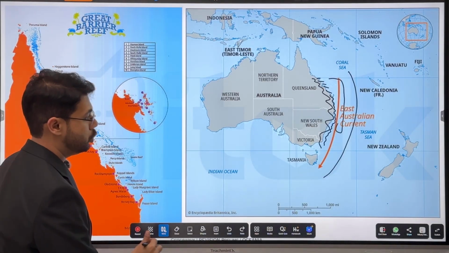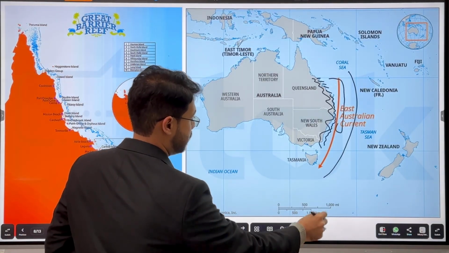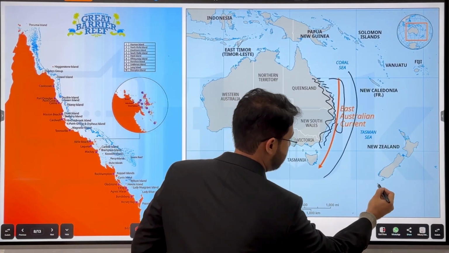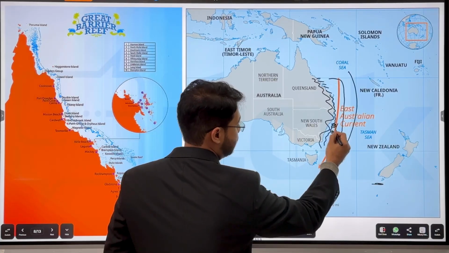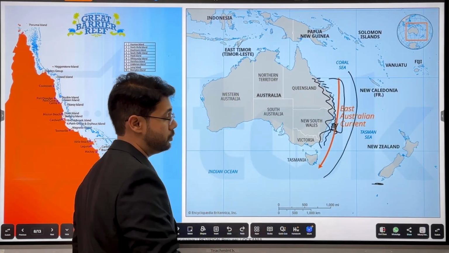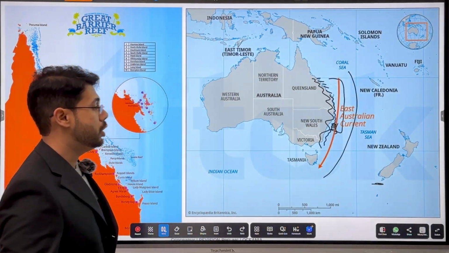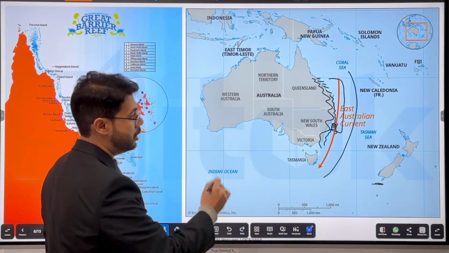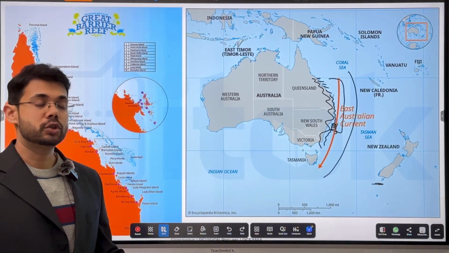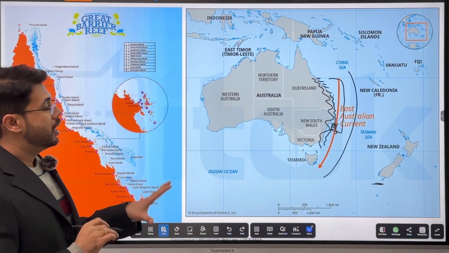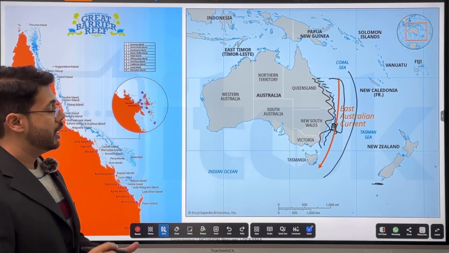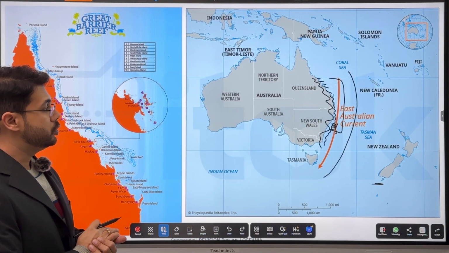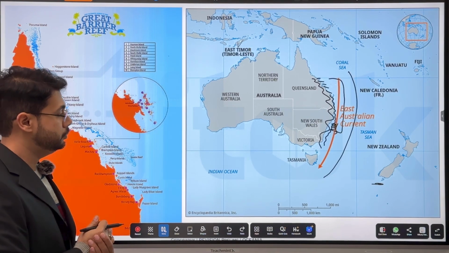Now this is really close to the southern. Now you see New Zealand, as I said, extremely down south. So how come corals can be found over here? Even this is too south for corals to be forming. It is extremely cold here, but the East Australian current, being a warm current, makes sure that the temperatures are appropriate for the coral reefs to flourish over there. And you know about the tragedy of the Great Barrier Reef.